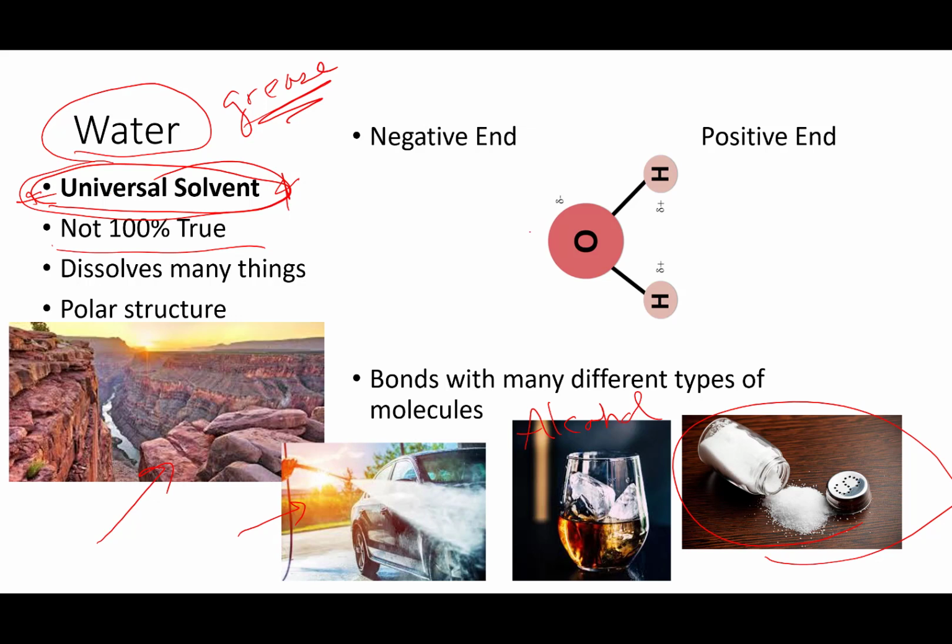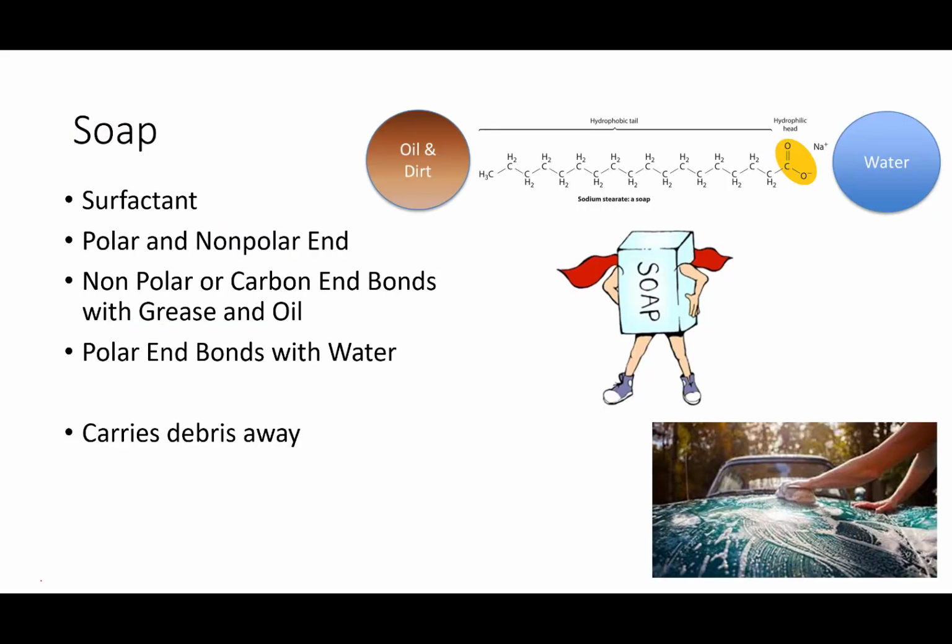And again, it's down to the fact that one end is very different than the other, and it will pull dirt and other chemicals away. But if you've got something that is greasy and has got a lot of organic dirt on it, you are going to need something to bridge the gap between the oil and dirt and water.